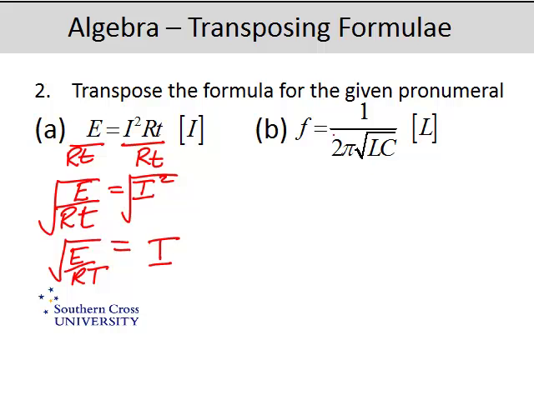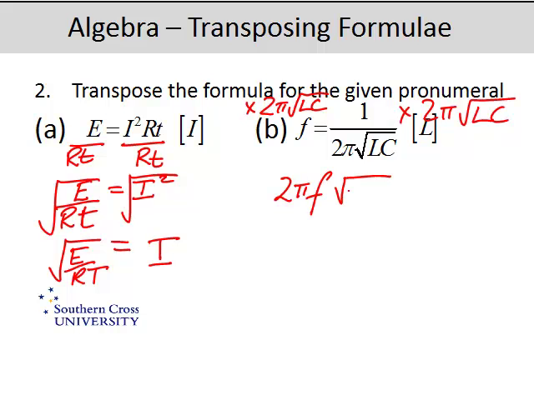So I'm going to multiply both sides by 2 pi f square root LC. So that means 2 pi f square root LC. Now I was very careful to write that way so that it didn't look by mistake as if f was included in the square root, is equal to 1.